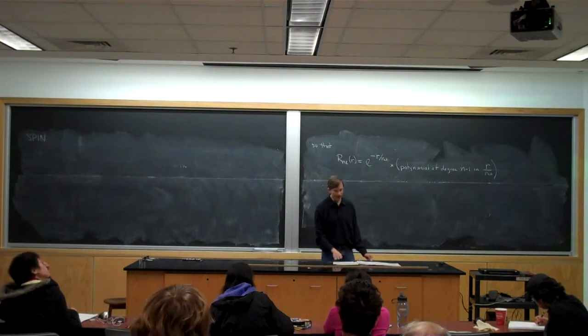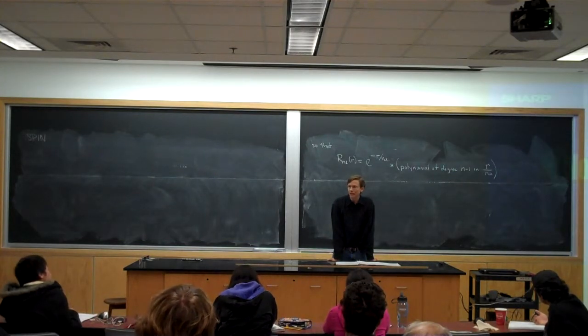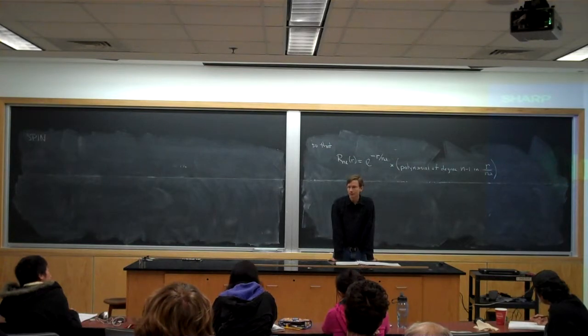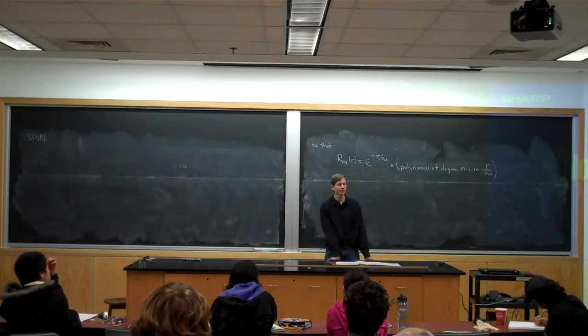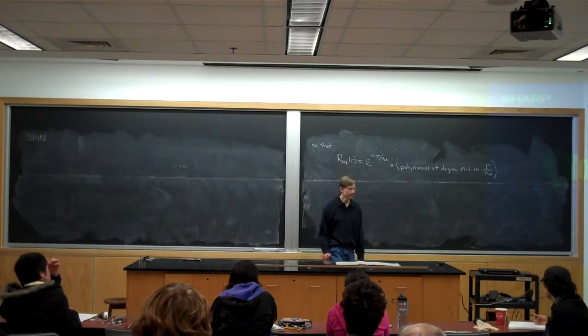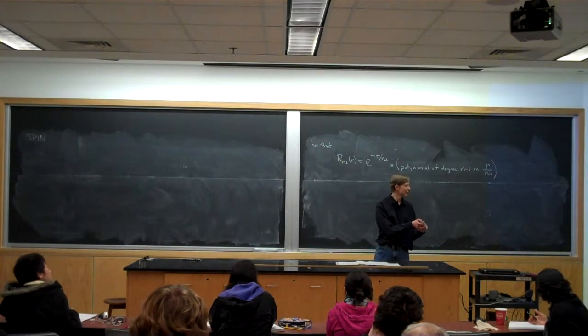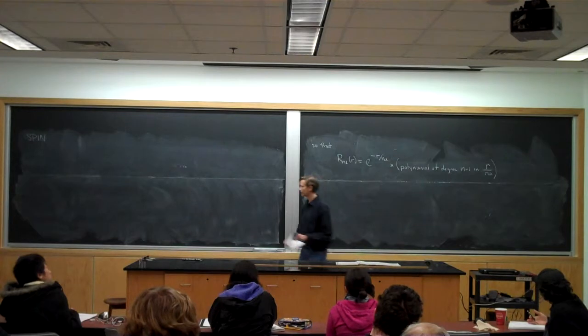However, that analogy only goes so far because you can't really picture it as literally spinning around its own axis. If you assume any kind of reasonable radius for it, you find that its surface is moving faster than the speed of light if it's to spin fast enough to have as much angular momentum as it's observed to have. Rather than dwelling too much on that, I'm going to show you what the quantum formalism looks like for describing spin angular momentum. It's the kind of thing where you really just have to see the math and the equations as opposed to just trying to make analogies with how it's working.